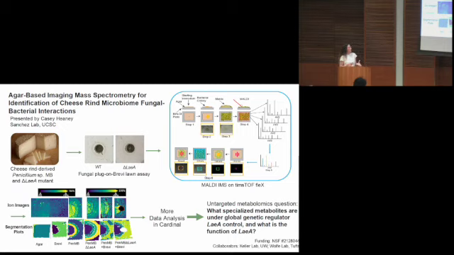And I can also look through those segments and see the corresponding spectra. So with even more data analysis in Cardinal, I can eventually find some statistically significant features and hopefully answer the question, which is what specialized metabolites are under the global genetic regulator control of LAA, and what is the exact function of LAA. I'll take any questions.